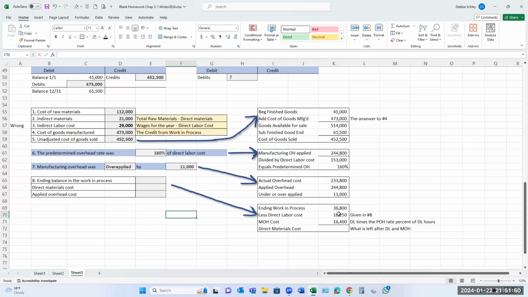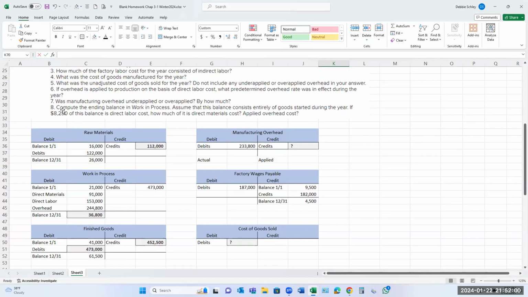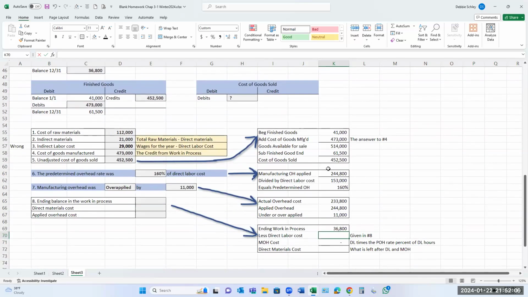That is not my number right there. You guys should fire me. Okay. So right up here, I took a screenshot of this year's problem. $8,250 is the number I need. So $8,250 now it's worth.